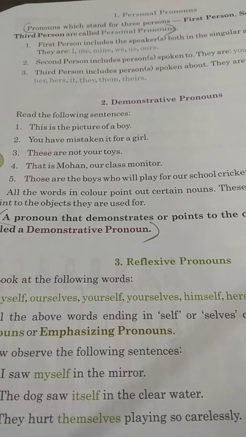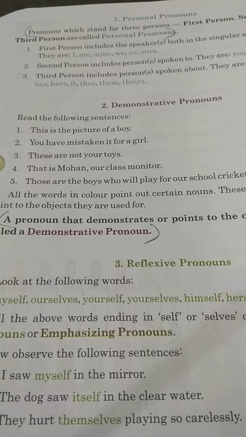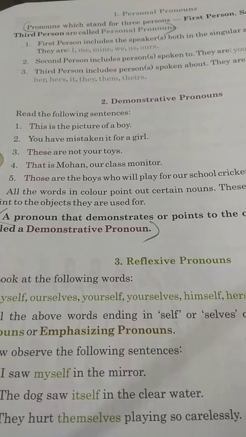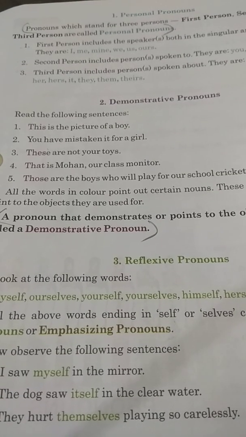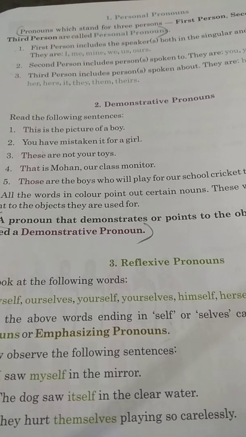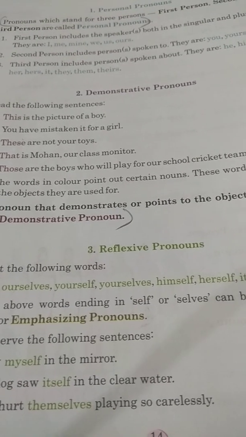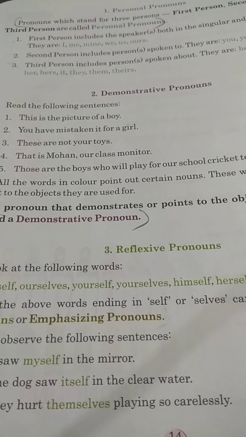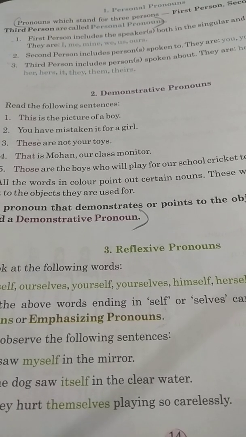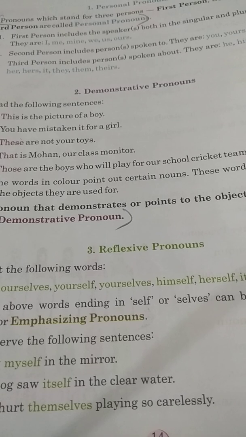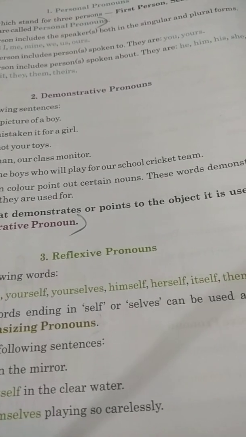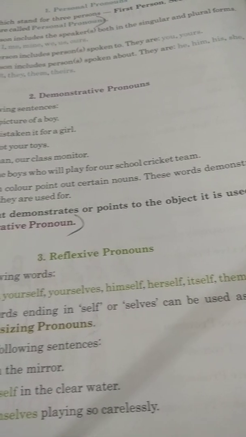Personal pronouns. Pronouns which stand for three persons, first person, second person, third person, are called personal pronouns. First person includes the speakers both in the singular and plural forms.